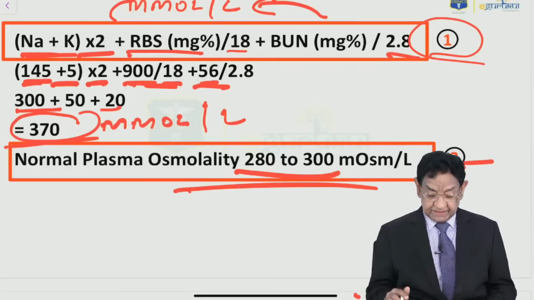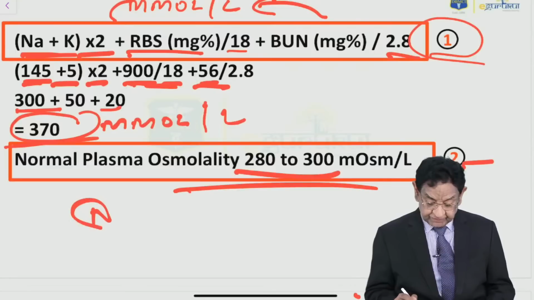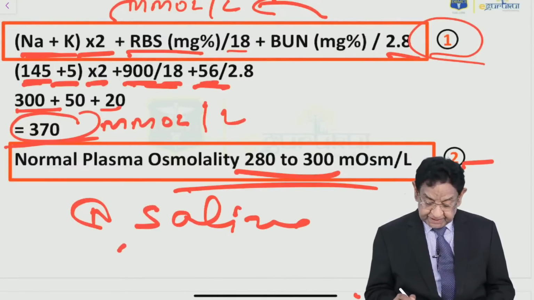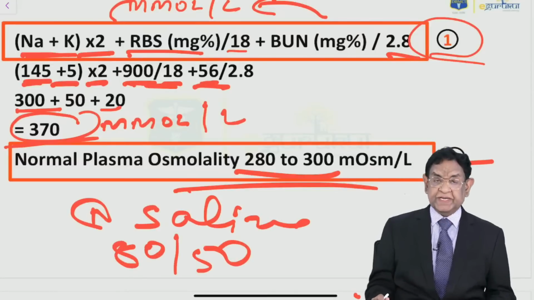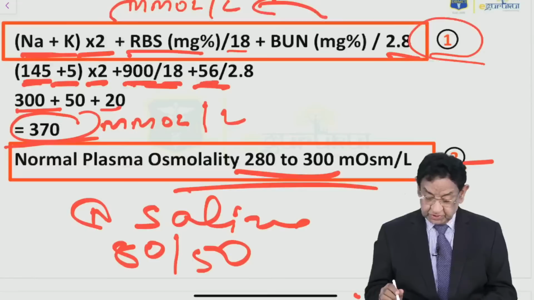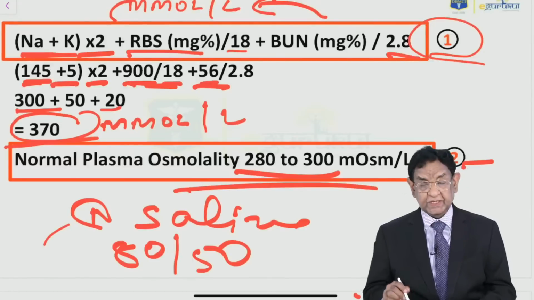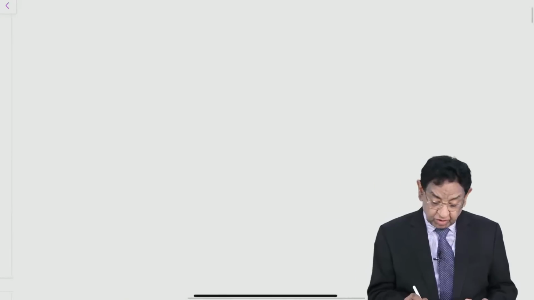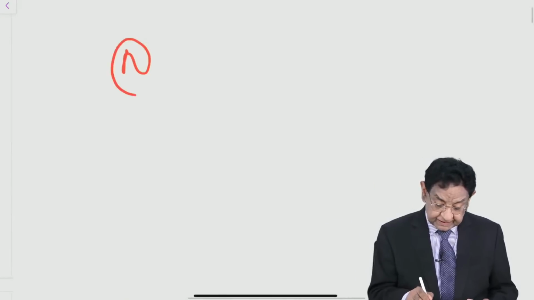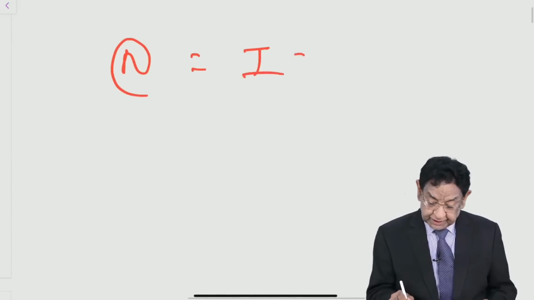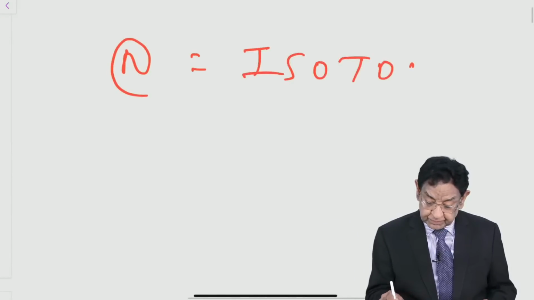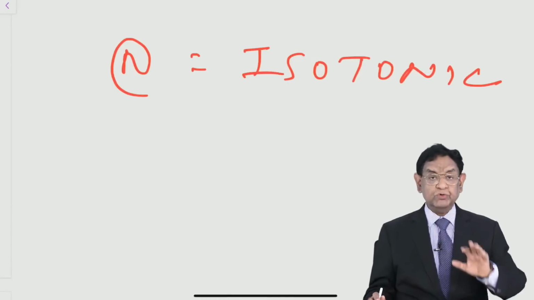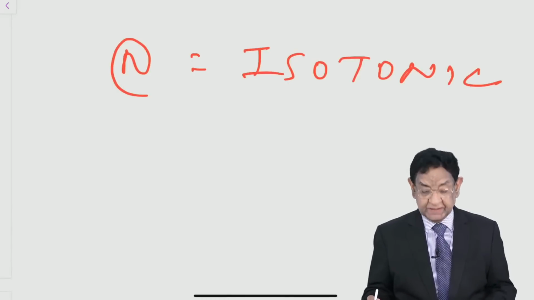So in this patient, you will give normal saline first. Why do you want to give normal saline? BP is 80 by 50. He is having severe dehydration with low BP. So you give normal saline. Point to be noted, this normal saline is isotonic to normal plasma.